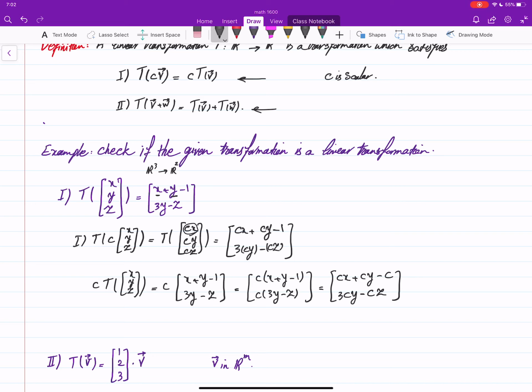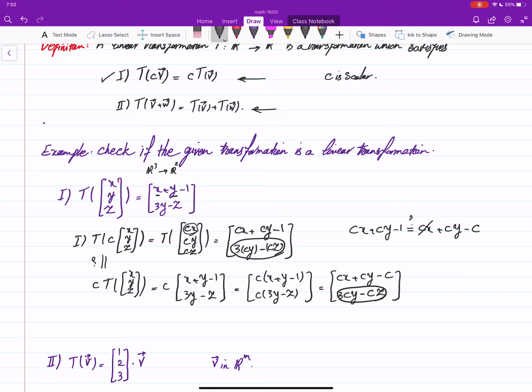Now, the question is, are these two guys equal or not? Because that's the condition we have to check. Well, let's go check one by one. The second component is exactly what we are expecting to have. But the first component is cx plus cy minus 1. Is it equal to cx plus cy minus c for all scalar c?